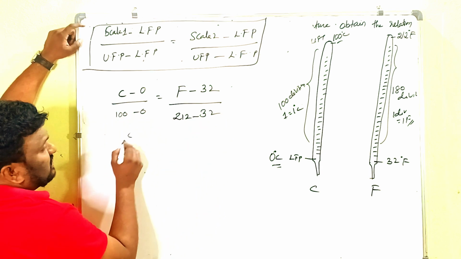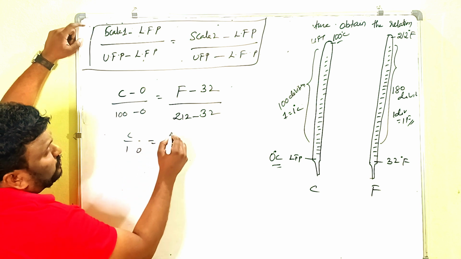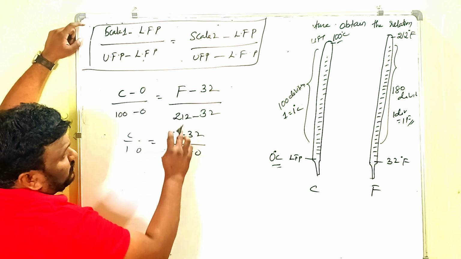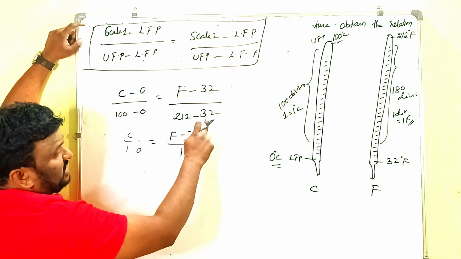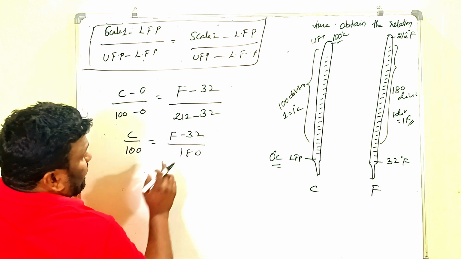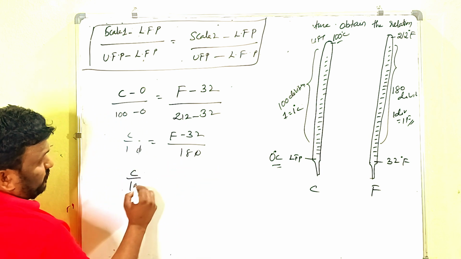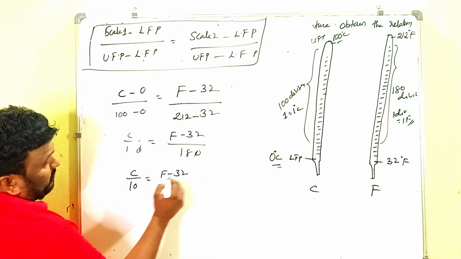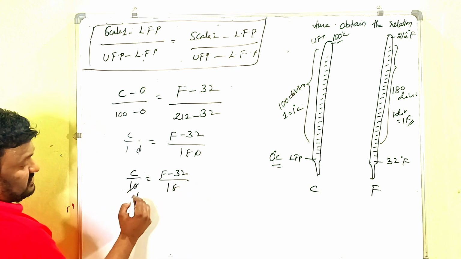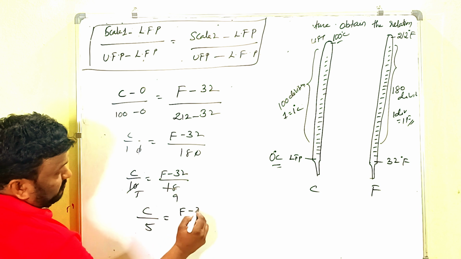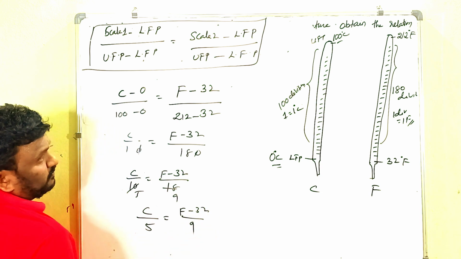Then C by 100 is equal to (F minus 32) by 180, since 212 minus 32 is 180. The zeros cancel, so C by 10 is equal to (F minus 32) by 18. Then 5 twos are 10 and 9 twos are 18, so C by 5 is equal to (F minus 32) by 9.